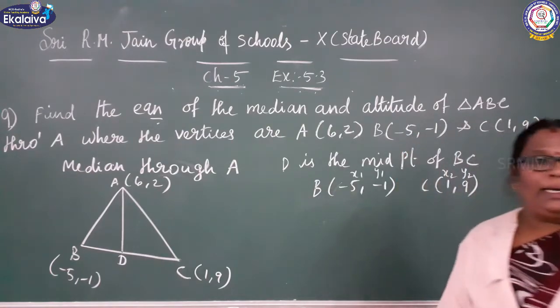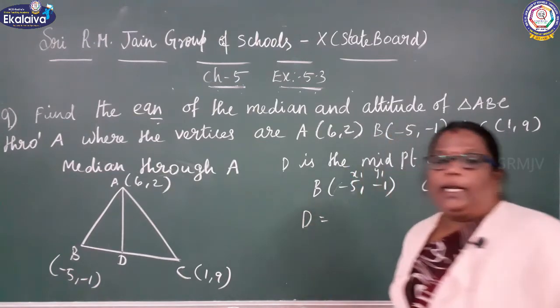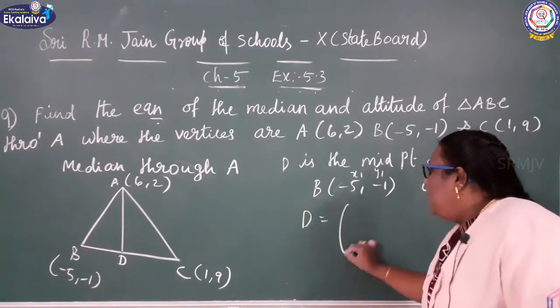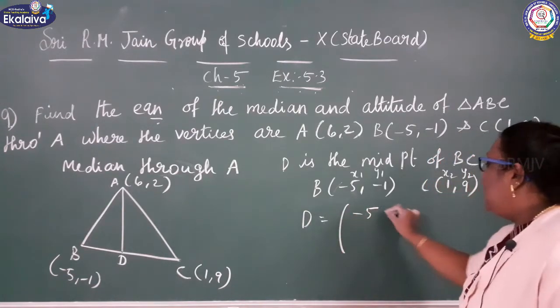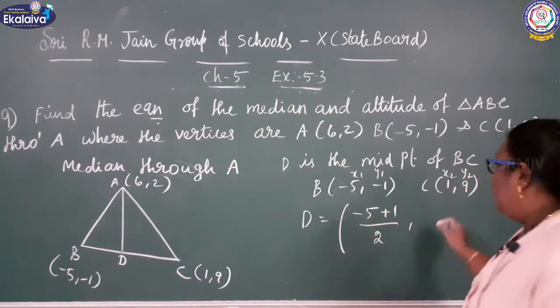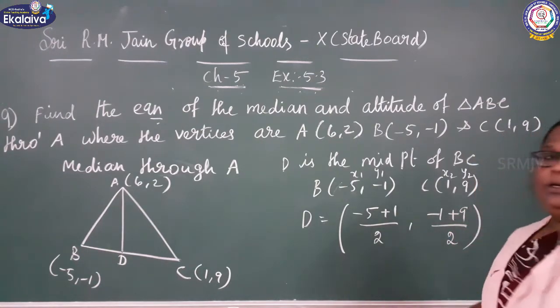D is nothing but the midpoint of BC: x1 plus x2 by 2, y1 plus y2 by 2.